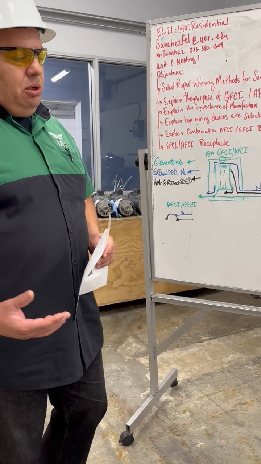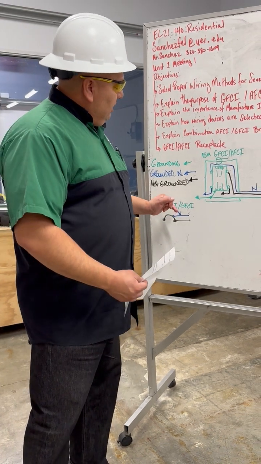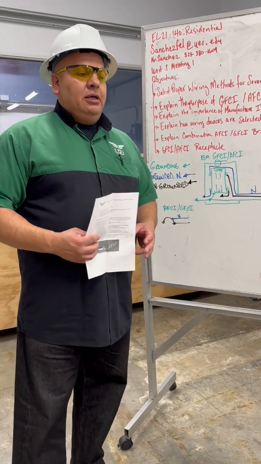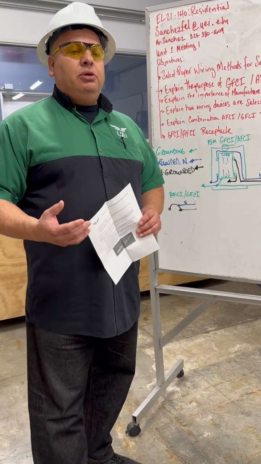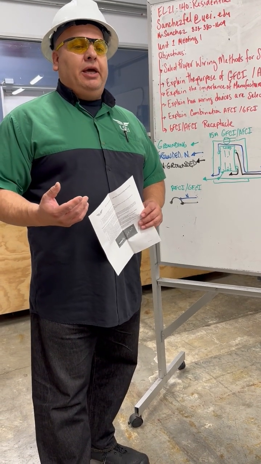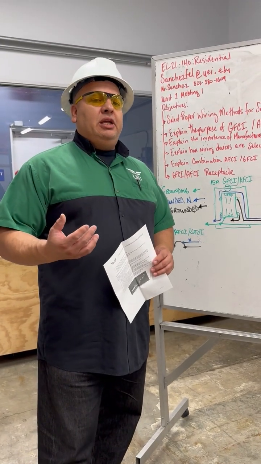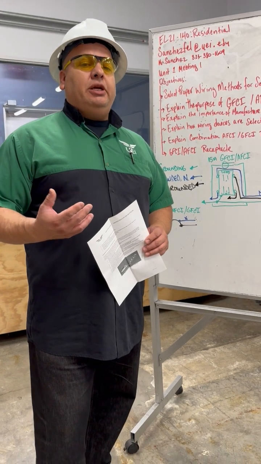Nowadays, with the code requirements, we have AFCI, GFCI circuit breaker requirements. So for the most part, in new construction, we want to explain to them that that's how they're going to be dealing with an AFCI, GFCI circuit.